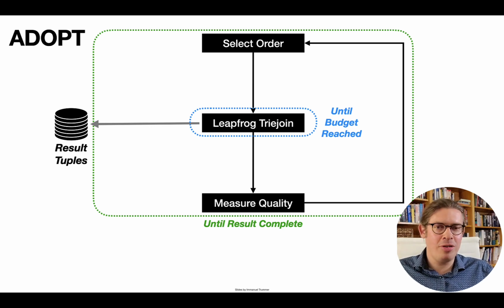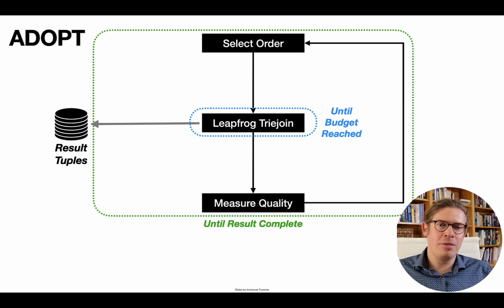And from those quality measurements, it learns over the execution of a query to select better attribute orders. So it converges to optimal orders. And while it is doing all of that, it also produces result tuples. Once it can guarantee that a complete result has been generated, execution of the current query terminates.